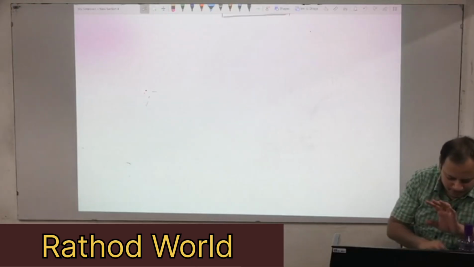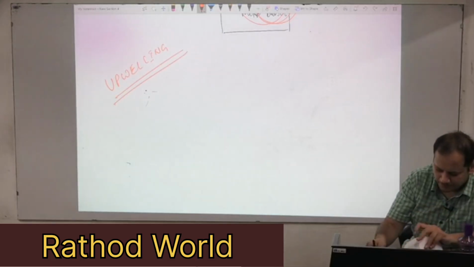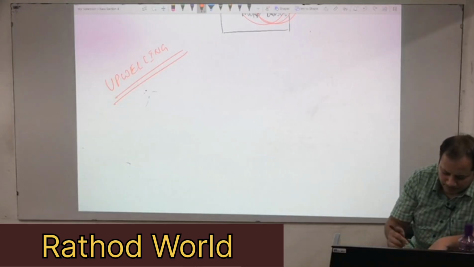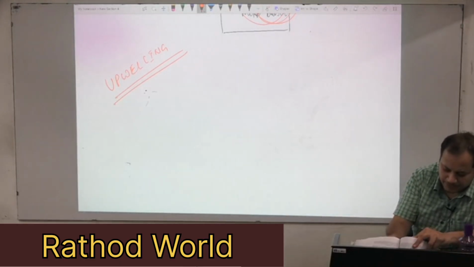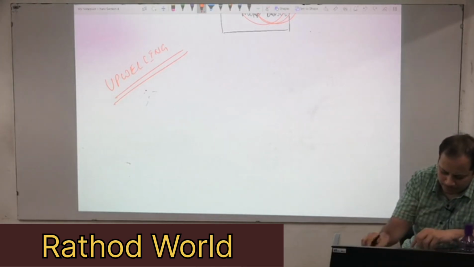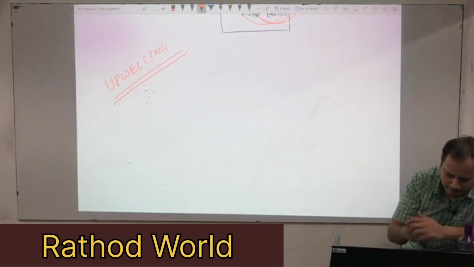I'll finish the upwelling now. Upwelling refers to the reappearance of cold water from the ocean depth.